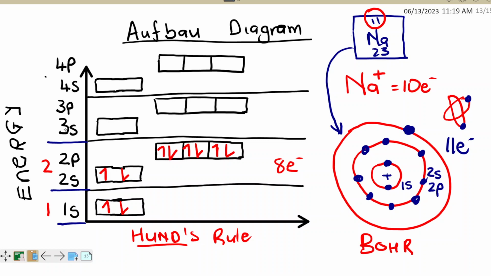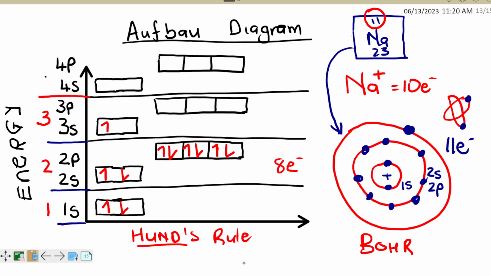According to the Aufbau diagram, you just have to go to the 3s now. This is the 3s, which is the third orbital. You just fill that one like that. So all of them now are 11 electrons. This is how it would look if we were to draw the sodium atom in the Aufbau diagram.